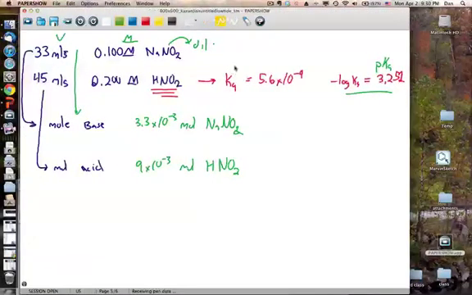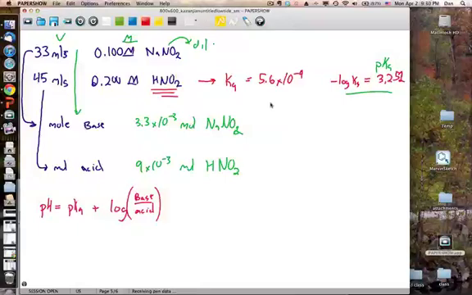We can then use our Henderson-Hasselbalch equation, which says that the pH of that solution will be equal to the pKa plus the log of the base divided by the acid.